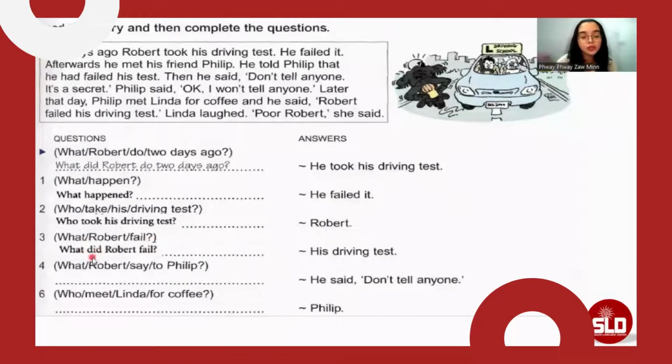So the question is, what did Robert fail? And next one is, he said, don't tell anyone. So how do you guys make a question for this one? What did Robert say to Philip? The last one is Philip. So the question we make is, who met Linda for coffee?